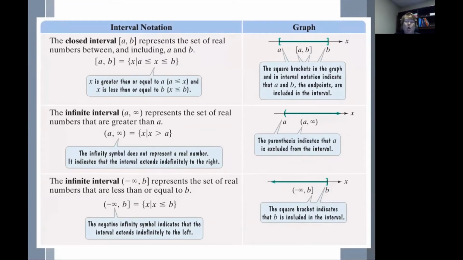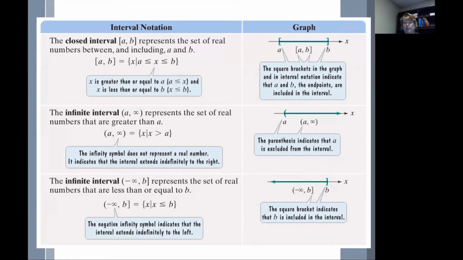This represents all the numbers greater than A. So parenthesis A, comma, infinity equals the set of all x such that x is greater than A. If we start at A and we continue to the right forever, that's all the numbers greater than A. To graph this, we put a parenthesis at A and then draw a line to the right. The next infinite interval is negative infinity, comma, B bracket.